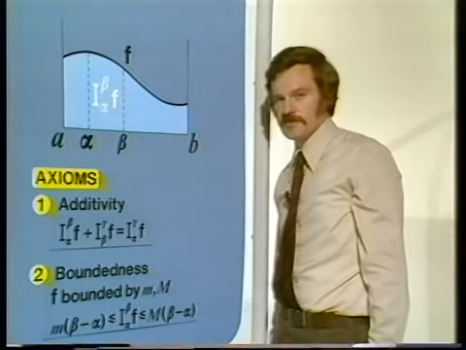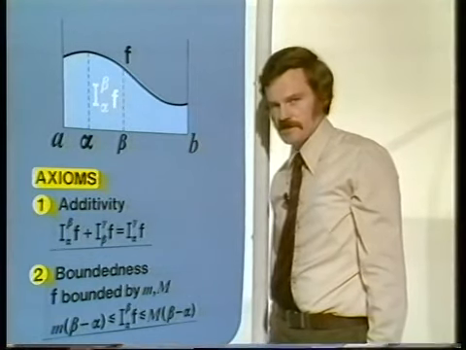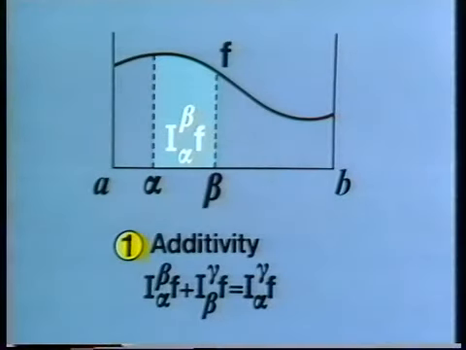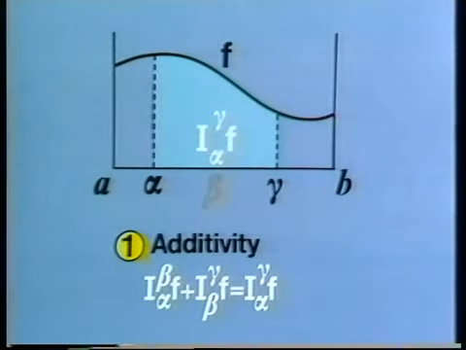The two axioms that we choose are called the additivity axiom and the boundedness axiom. The additivity axiom simply says that if alpha beta and beta gamma are two subintervals of AB, then the value of the integral function on alpha beta added to the value of the integral function on beta gamma is equal to the value of the integral function on the bigger subinterval alpha gamma.